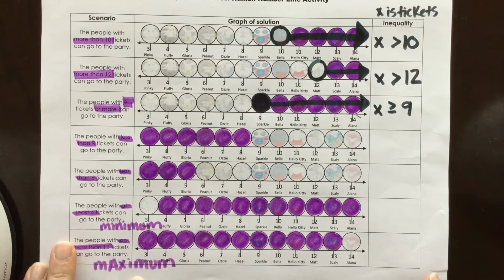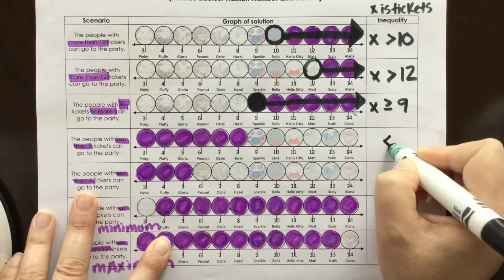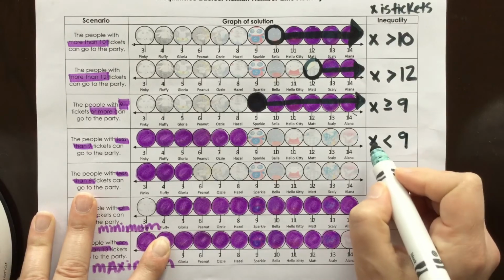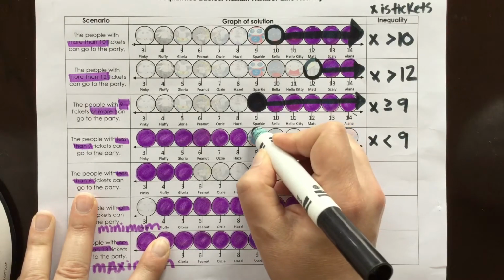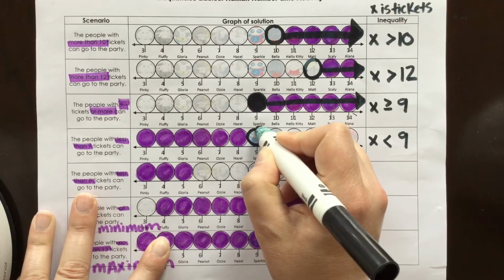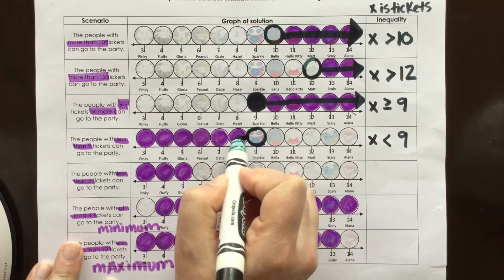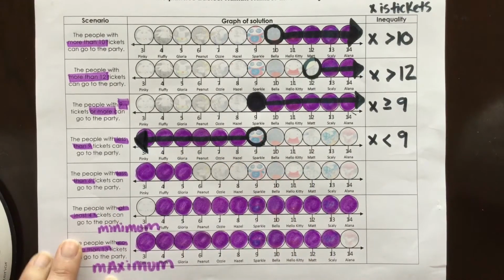For the fourth one, people with less than 9 tickets can go to the party. Less than 9 would use the less than symbol. So we want X's that are less than 9. There would be an open circle at that value, which there is. And anything to the left would be less than.